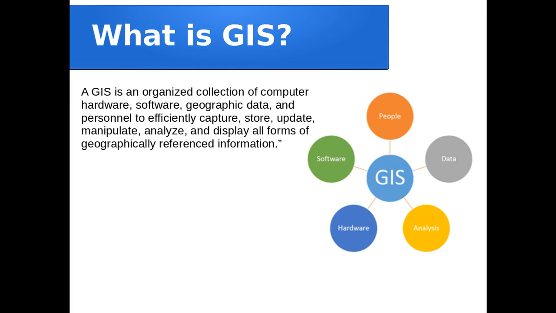A GIS is an organized collection of computer hardware, software, and geographical data that is managed by people in order to model real-world objects.